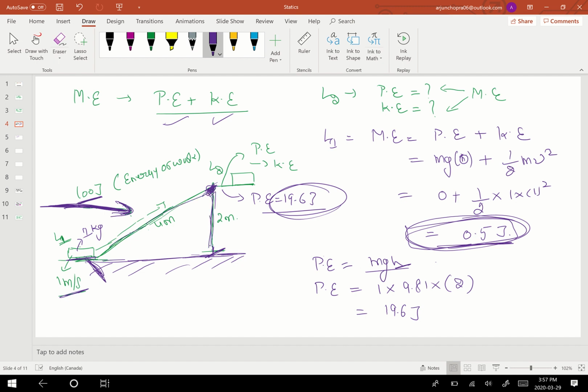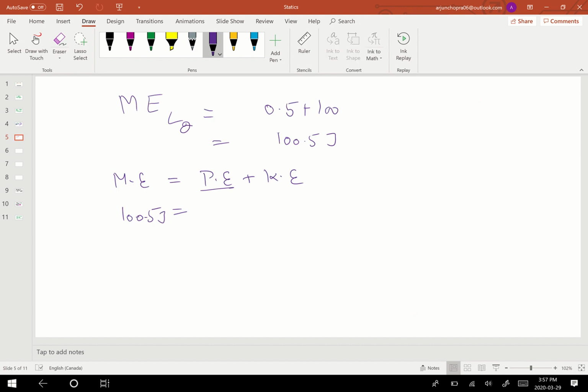So 100.5 equals potential energy, 19.6, plus kinetic energy. So 100.5 minus 19.6 will provide me the kinetic energy value, which is 80.9 joules. That is the kinetic energy of the system.